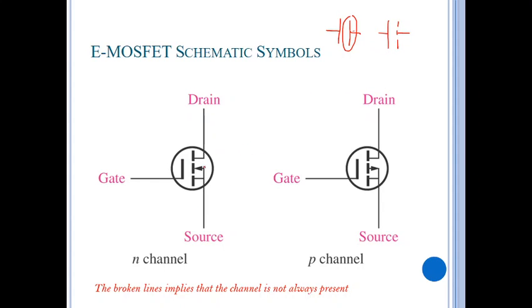Okay, and then how to distinguish between the N channel and P channel is by seeing the arrow direction. The arrow pointing in is the N channel, pointing out is the P channel. And then this arrow is actually the substrate electrode or substrate connection, but the substrate connection we will ignore.